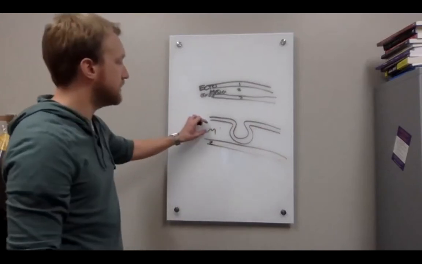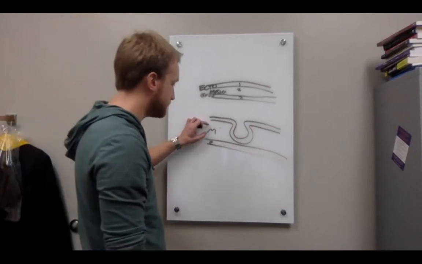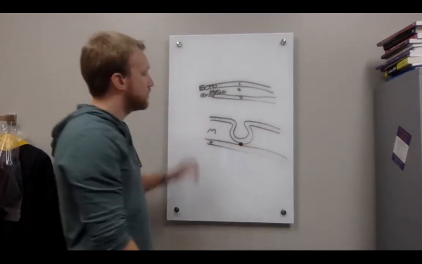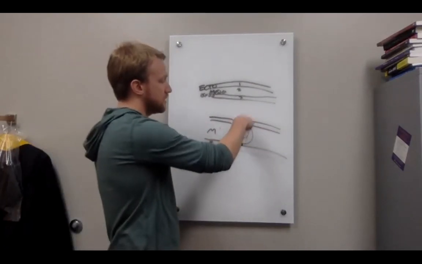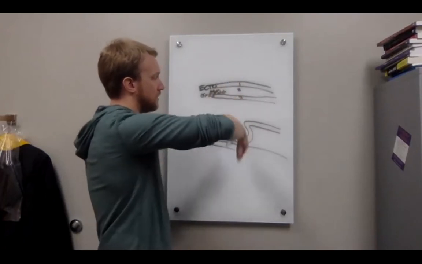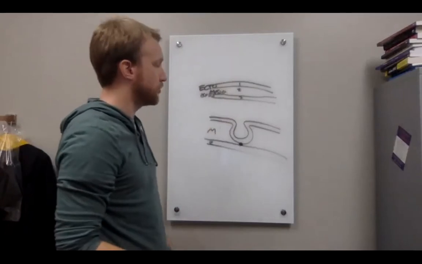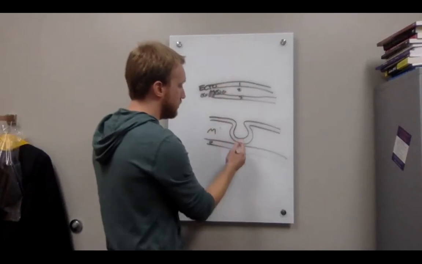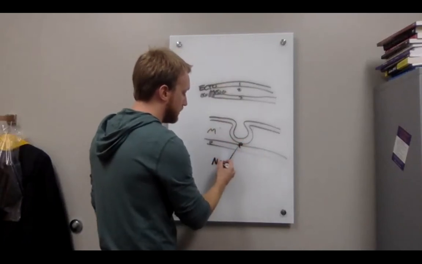The mesoderm is going to make something that we do actually care about for today, and that is the notochord. So the notochord is going to be sitting just below the center of our soon-to-be neural tube. So right there along the midline, the notochord is going to help establish that.